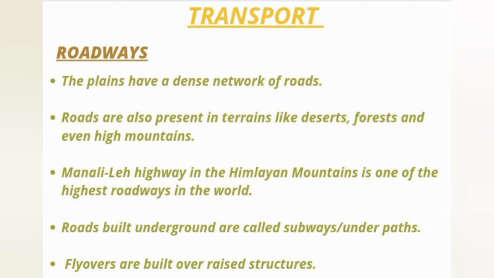Manali Leh Highway in the Himalayan mountains is one of the highest roadways in the world. Roads built underground are called subway or underpath. Flyovers are built over raised structures.